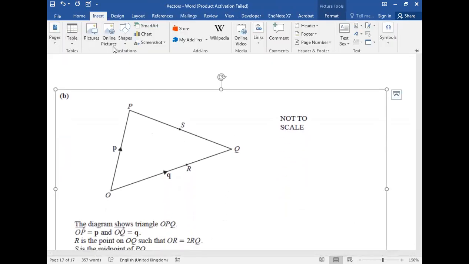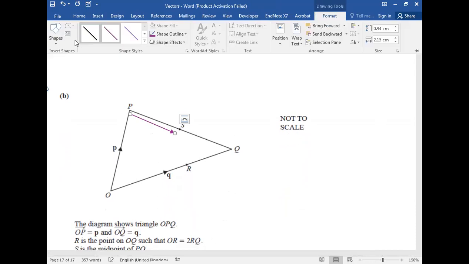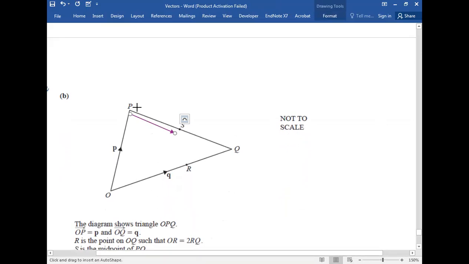See. PS, you want to link this vector, right? So you will say PS और इसी direction में ही PQ बनता है. So PS will be half of PQ. ठीक है?